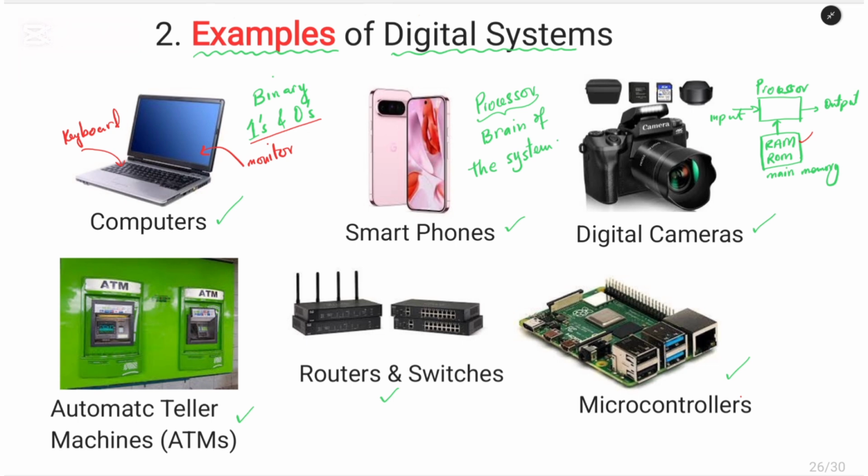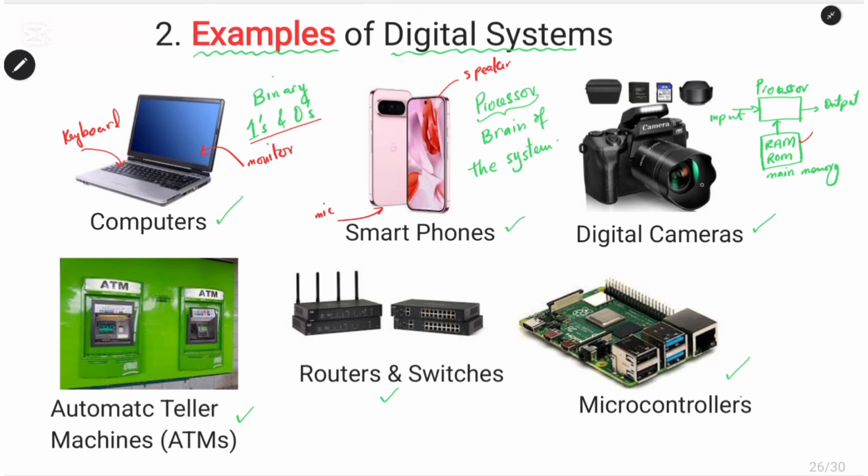If you see your smartphone, for example, the mic. So if you are talking to the phone, the mic will become the input, and you can have the speaker, which can act as the output. What about the camera?